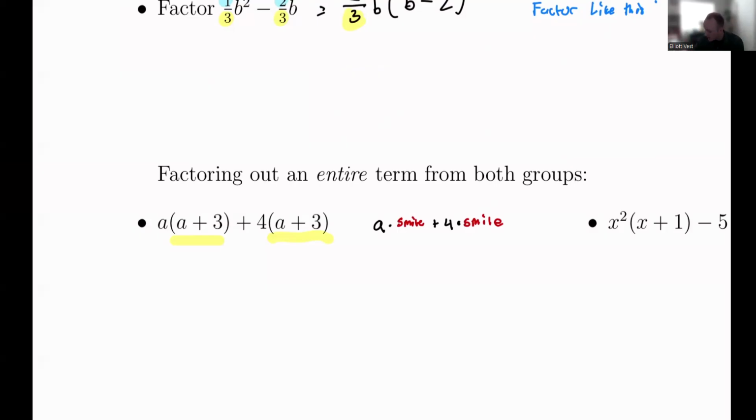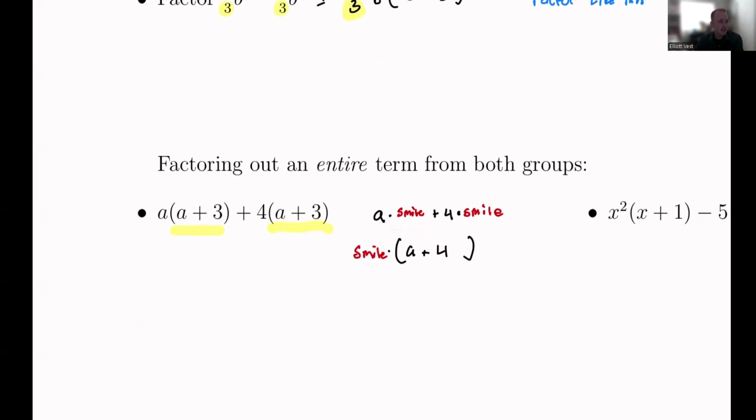So I can pull both of these smiles out in a reverse distributing form to get smile times, what's the stuff on the inside? There's an A on the inside and 4 on the inside. A plus 4. If I distribute this back, don't you see how I get the same thing again?